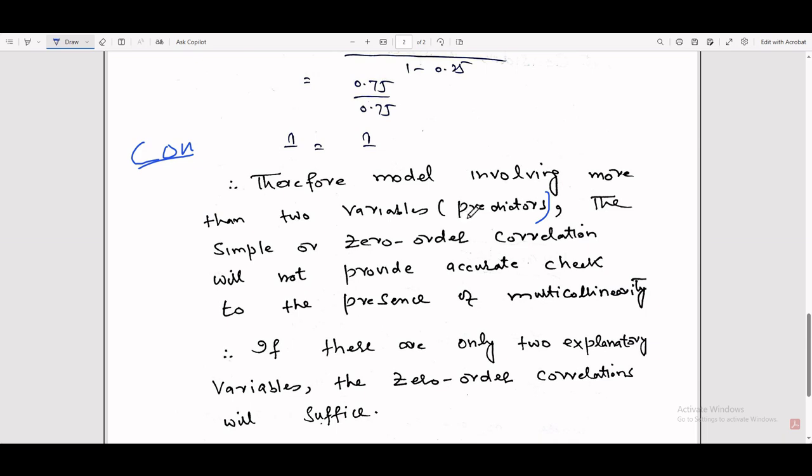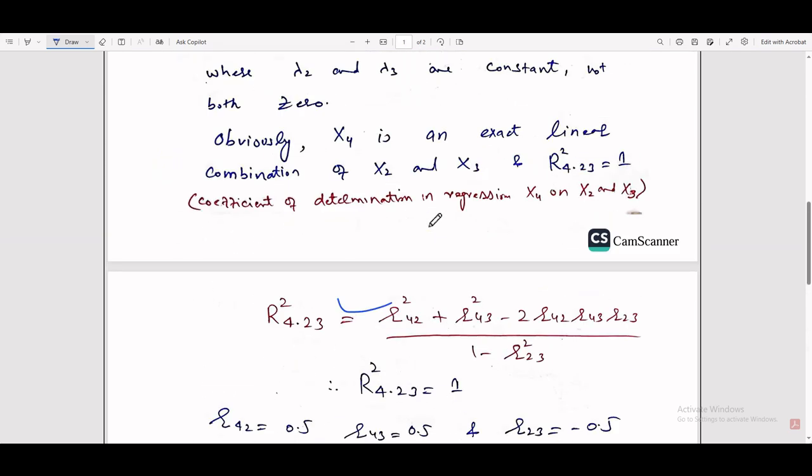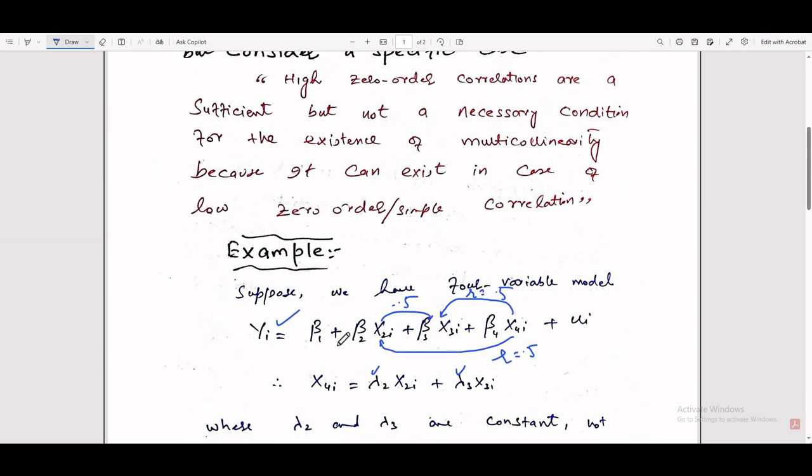The simple or zero order correlation, zero order correlation is also called simple correlation, because when you calculate it, we check the effect of two variables without controlling the influence of a third variable. As in this example, when we calculate correlation between x2 and x3, we ignore the influence of x4.